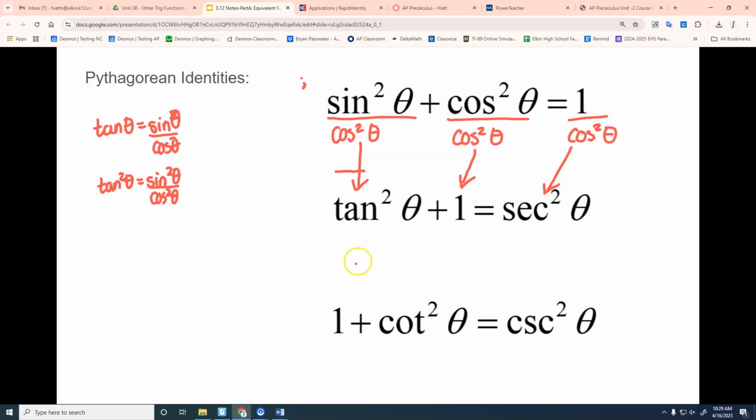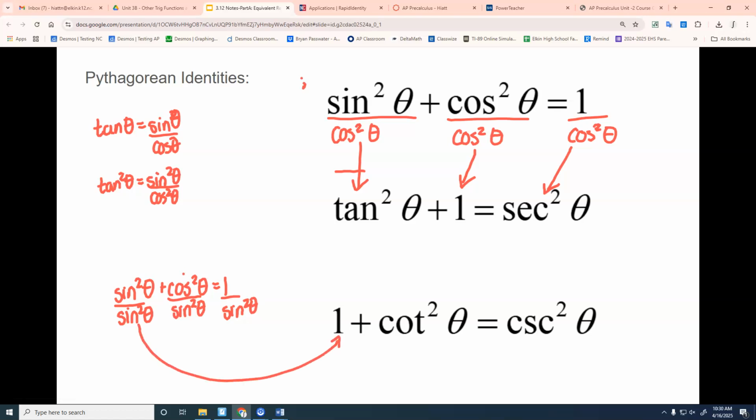It does not technically matter whether you do tangent squared theta plus 1 or 1 plus tangent squared theta. They're equivalent to each other. But the reason the 1 is second here, but it's first over here, is because they're deriving it from this equation right here. So you could do the same thing to get the last one. If I start with sine squared theta plus cosine squared theta equals 1, and divide everything by sine squared theta, sine squared divided by sine squared is 1.